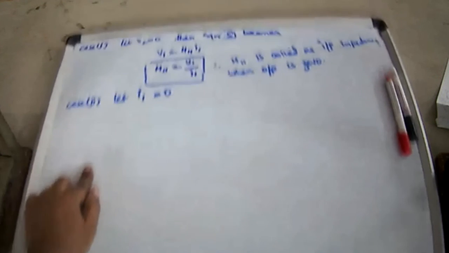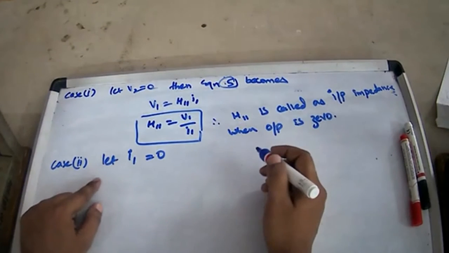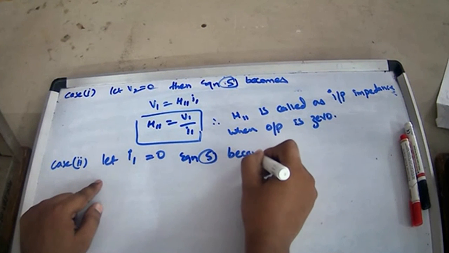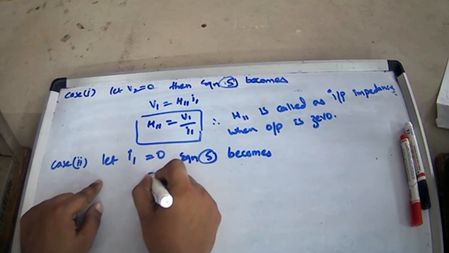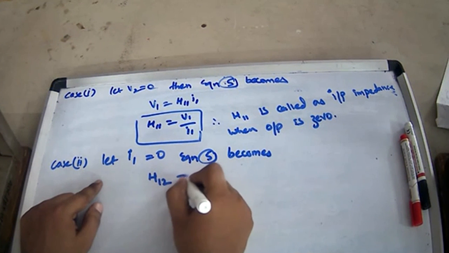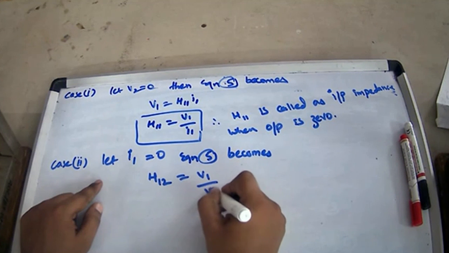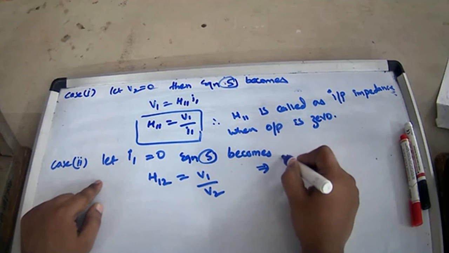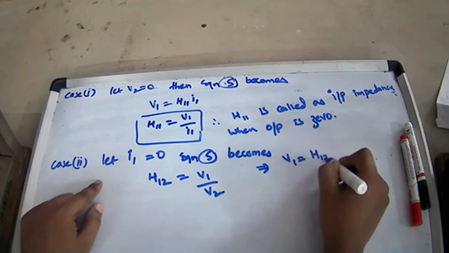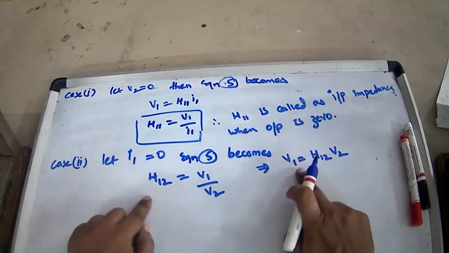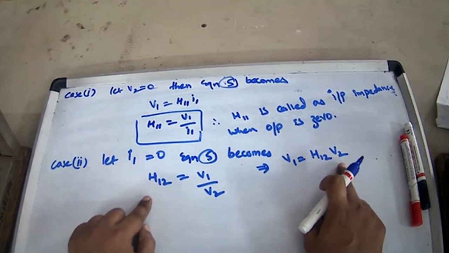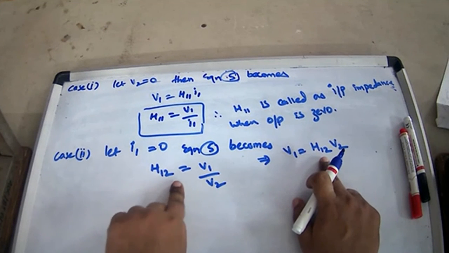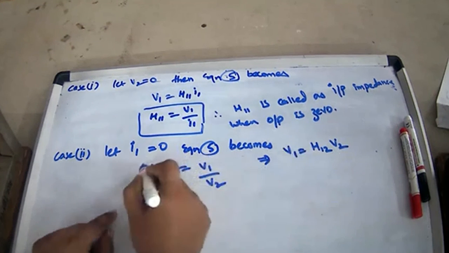So when I1 is equal to 0, equation 5 becomes V1 is equal to H12 V2. So if we are having V1 equal to H12 V2, then if you are writing the equation in terms of H12, we will be getting as V1 divided by V2. Therefore, H12 is reverse voltage ratio when input is open circuited.